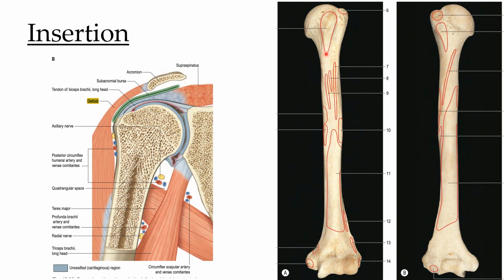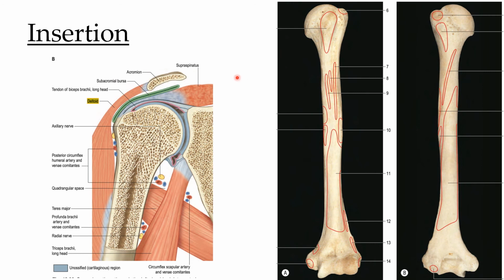So this muscle is inserted over the lesser tubercle on the upper end of the humerus. The next muscle is supraspinatus. Supraspinatus inserts over the upper part of the greater tubercle of humerus, which you can see here. This is the site of insertion of supraspinatus.